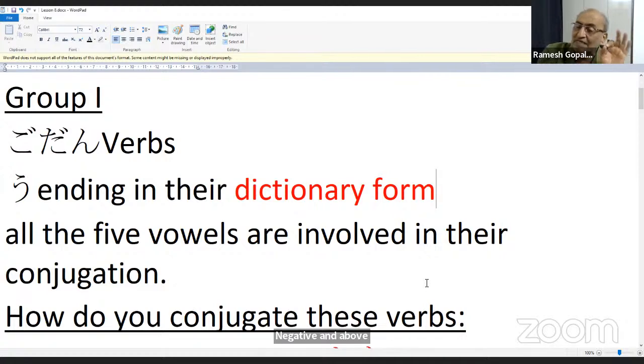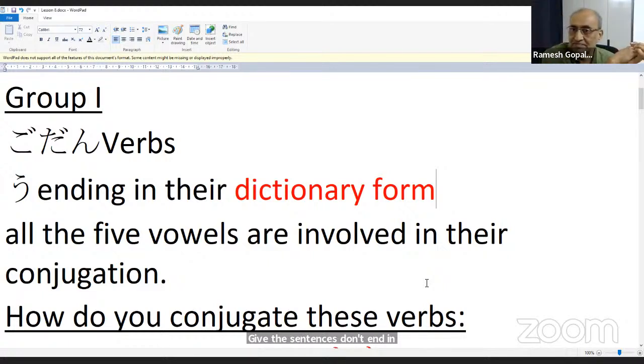You know what the masu form is? Masu and desu. I told you in the very first class, you have to use desu and masu to end your sentences. If the sentence ends in a verb, that verb will be in masu form. If the sentences don't end in verbs, then you have to use the verb desu.